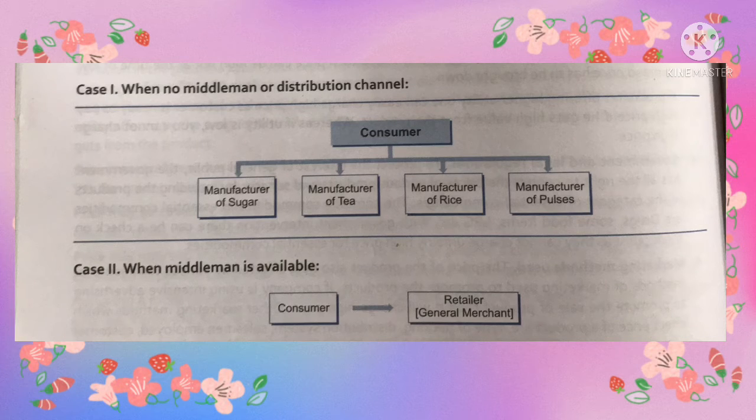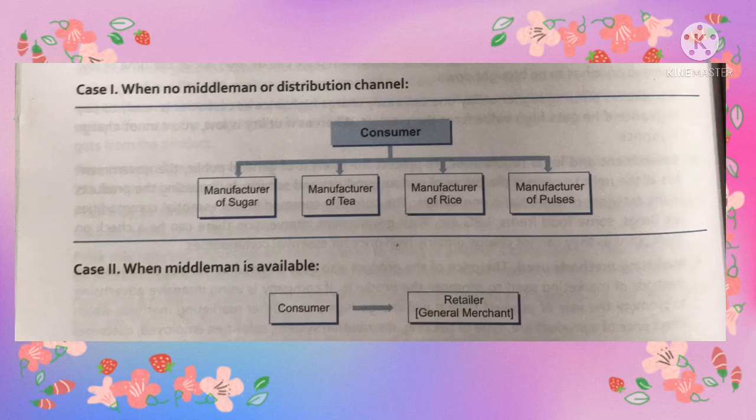Going to all these manufacturing places will be very tiring and a very complicated way of getting the goods. That is why, if a middleman is available, then consumers can get goods directly from the retailers, where all goods are available at a particular place.